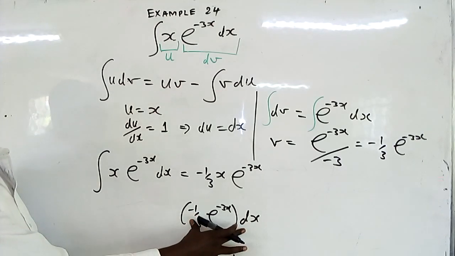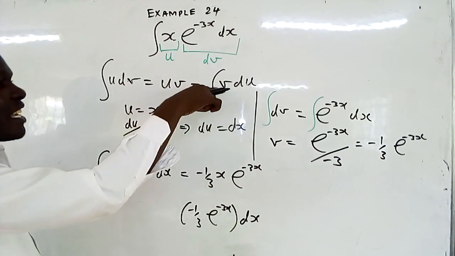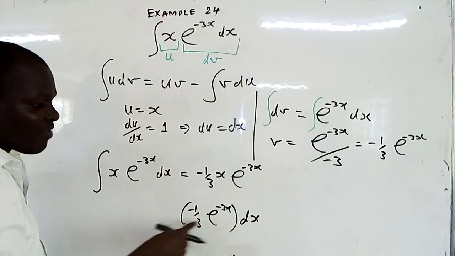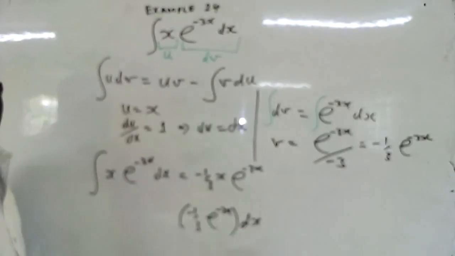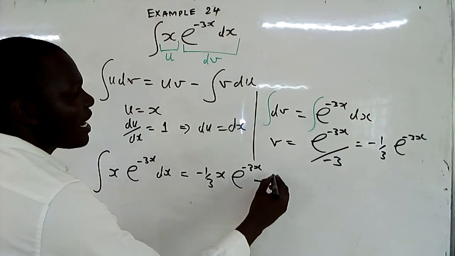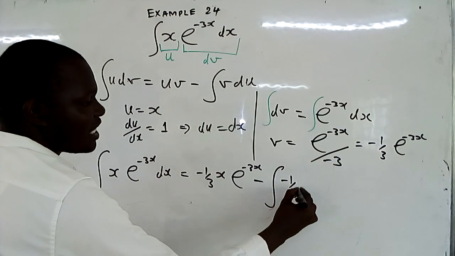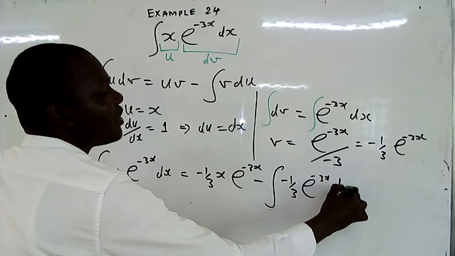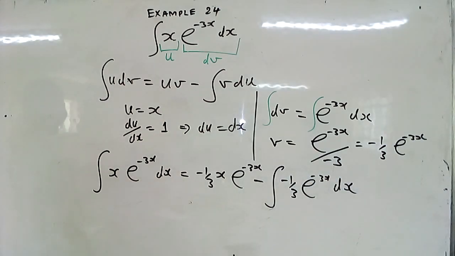But then you have minus into this, meaning minus into negative a third. Are you seeing that? Are we together? So it is minus the integral of negative a third exponential negative 3x dx.